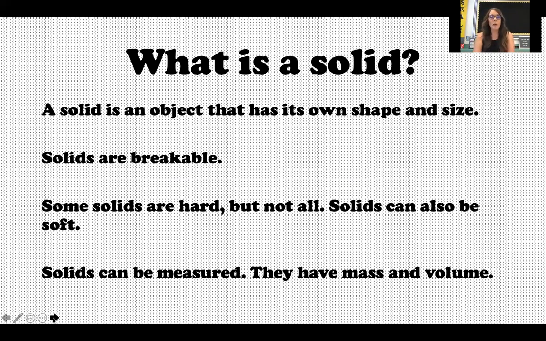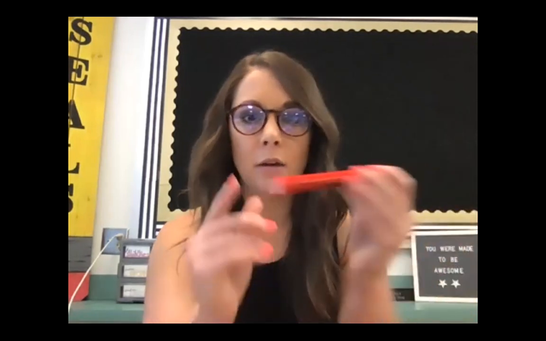All right, so let's go back to where I said a solid is an object that has its own shape and size. I'm going to stop sharing my screen for just a second so I can show you what I mean by that. So take my marker, for example. Okay, my marker is shaped like this. If I hold it in my hand, it's still shaped like this.